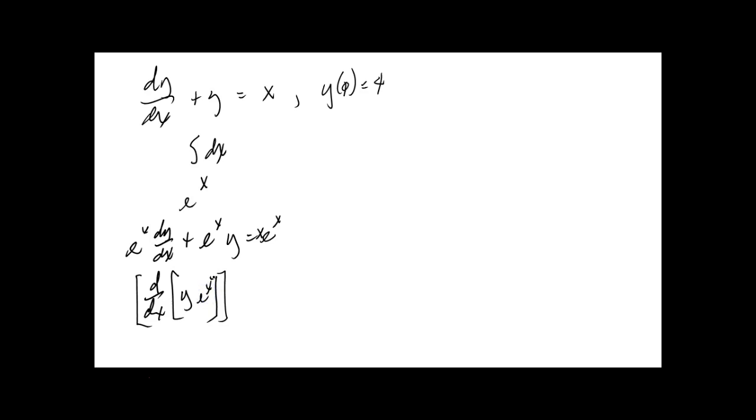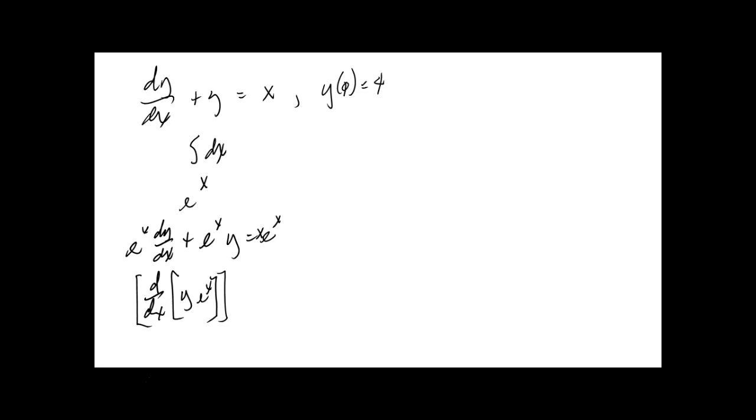Well, let's see if it is. Derivative of the first times the second. Yeah, that works. Plus the second times, so this one times the derivative of that. And derivative of e to the x is e to the x. So yes, it is a perfect derivative.